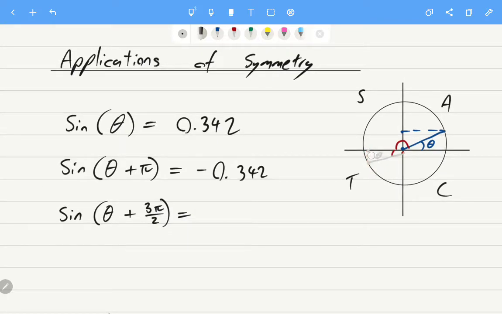So once again, let's leave our wonderful drawing of theta. This time we're doing theta plus 3 pi on 2. So 3 pi on 2 is all the way to here, plus theta. And now we've got an interesting dilemma, right? This sine coordinate here is the wrong bit in a way.